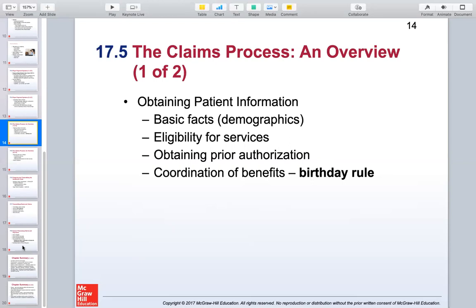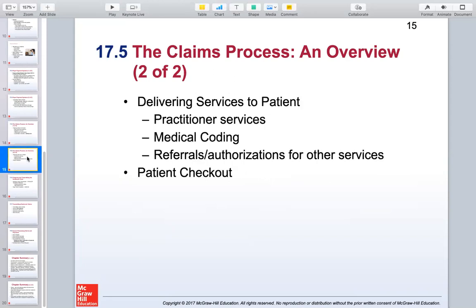And an example of this is if the husband's birthday is July 14th and his wife's is June 11th, following the birthday rule, the wife's insurance plan becomes the primary insurance, and then the husband's insurance plan becomes the secondary insurance for their dependents. So it's whoever is older is the primary insurance, and then the secondary insurance is that birthday rule. So this would pertain to their dependents, not to themselves, of course.